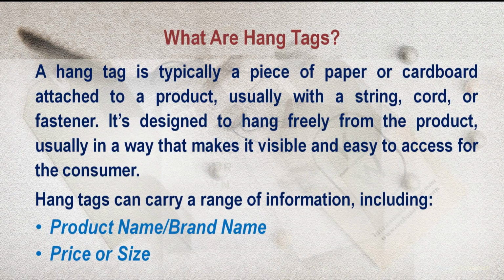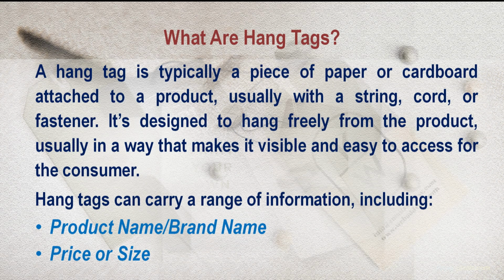Now let's focus on what hang tags are. A hang tag is typically a piece of paper or cardboard which is attached to a product, usually with a string, cord, or any fastener. In short, it is attached separately outside the product or the garment.